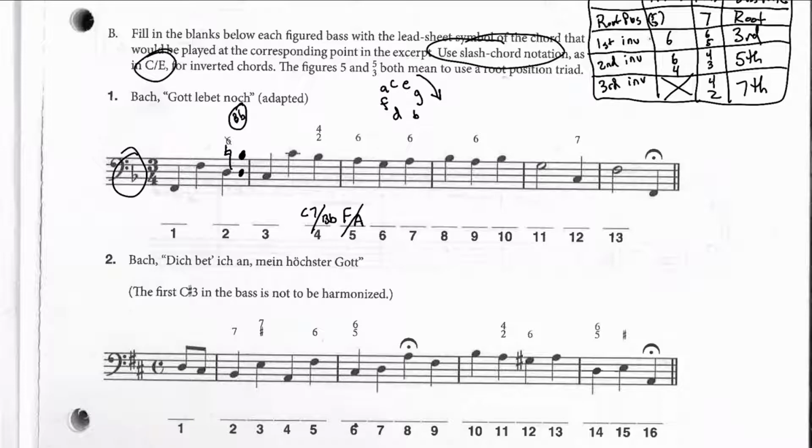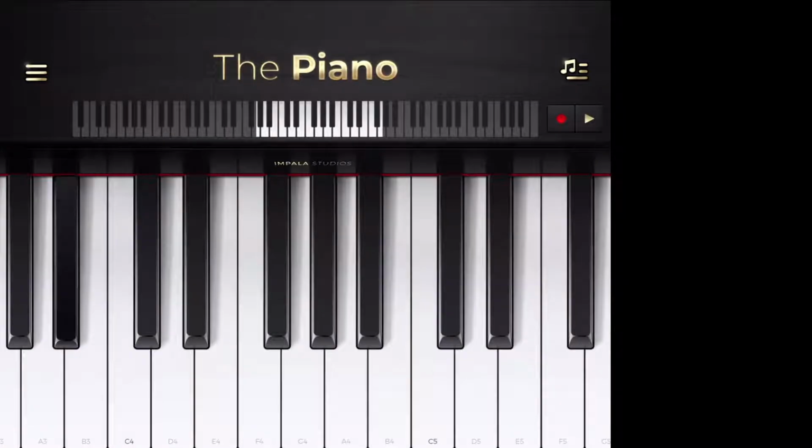6 still means that this is the third of the chord. And so when we go back now to the keyboard, we had B flat, D, F. Now we have B, D, F. That B flat major has become B diminished.